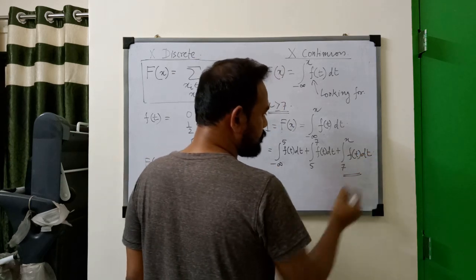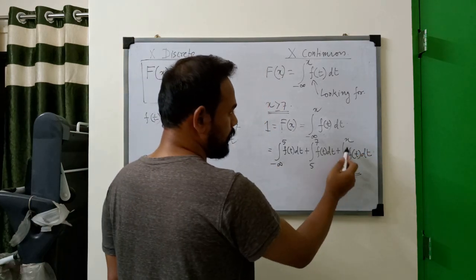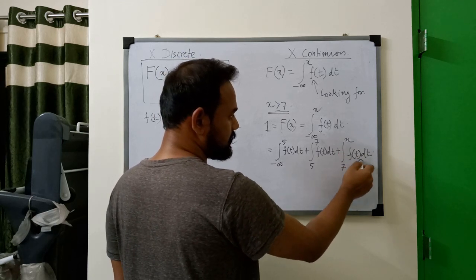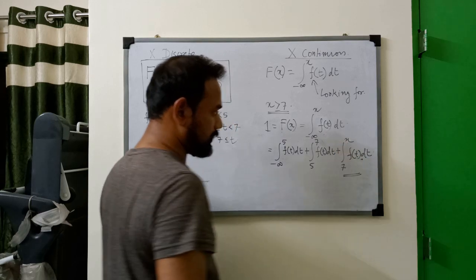The question is, what is f in this range when t is more than 7? Here t has to be more than 7 and up to x.